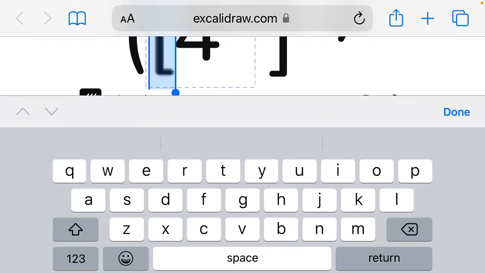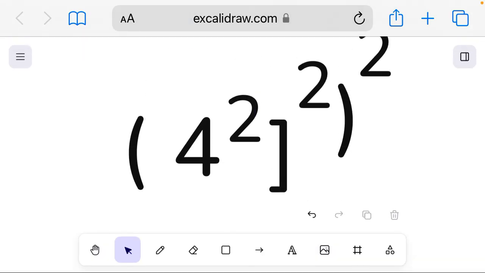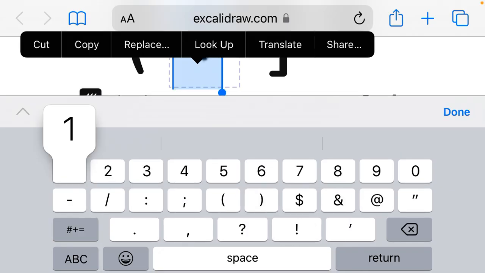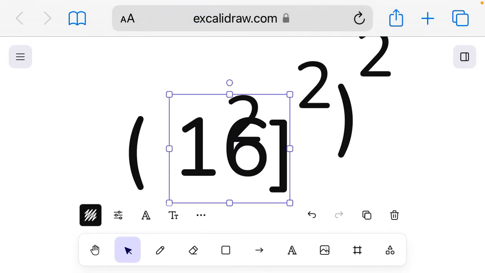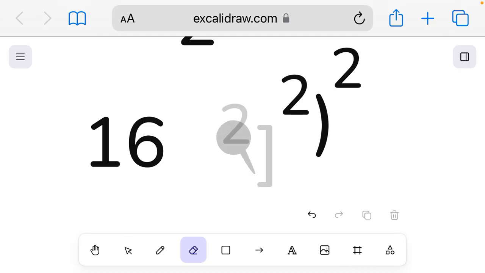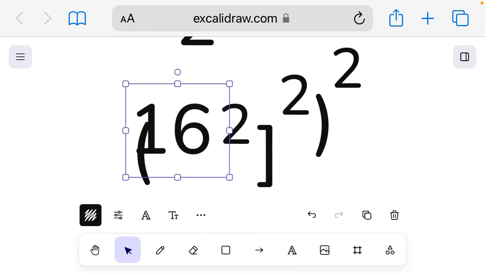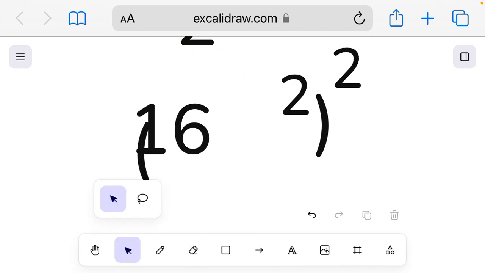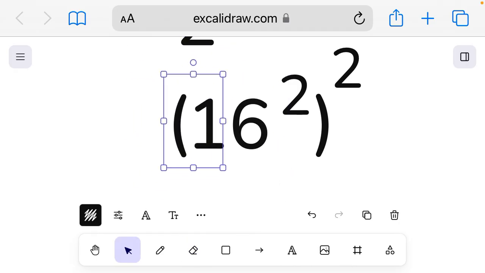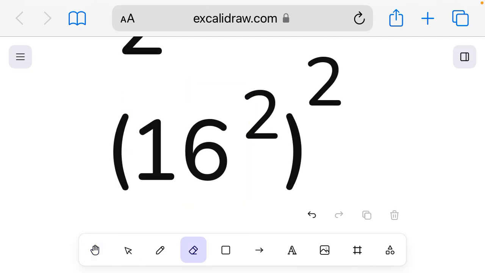So I'm just going to write 16. Oops, I accidentally removed the parentheses, but it's fixable, don't worry. And we have 16 squared. 16 squared is 256.